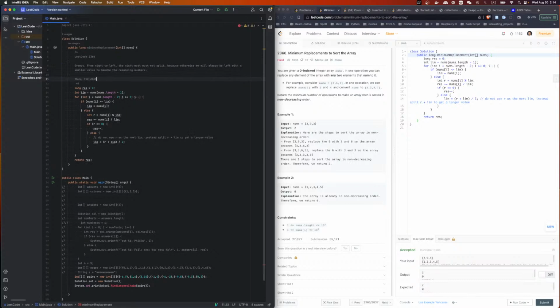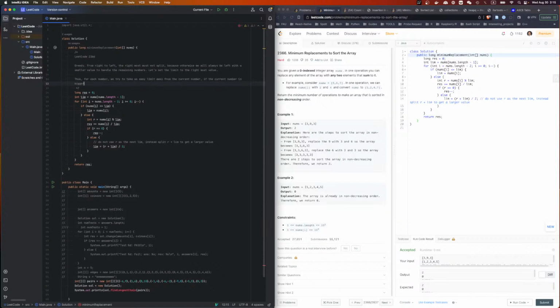Thus, for each number, let's set the limit to the rightmost value. For each number, we try to take as many limit away from the current number, if the current number is bigger than the limit.